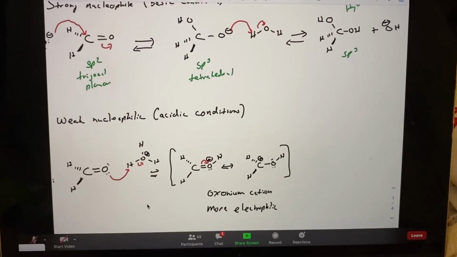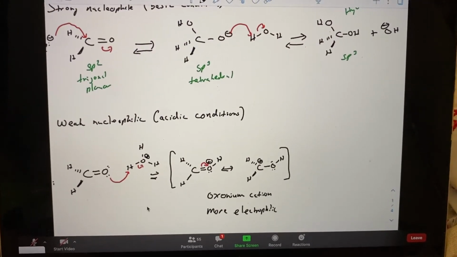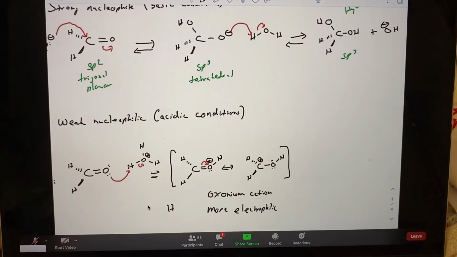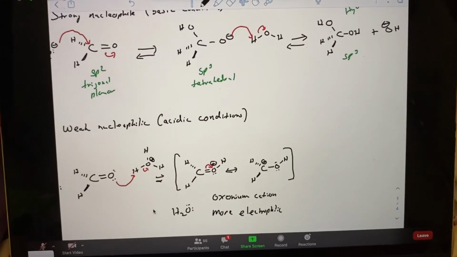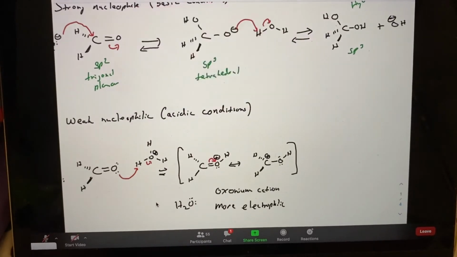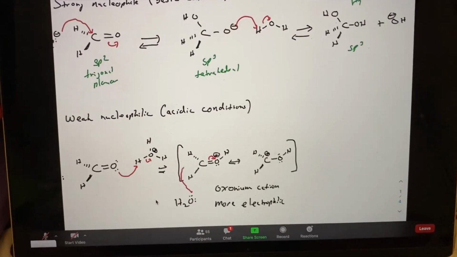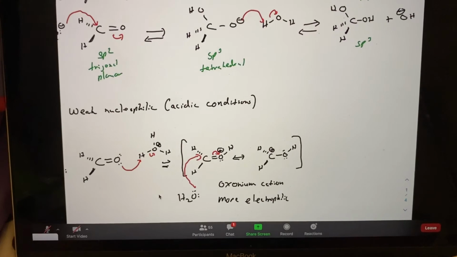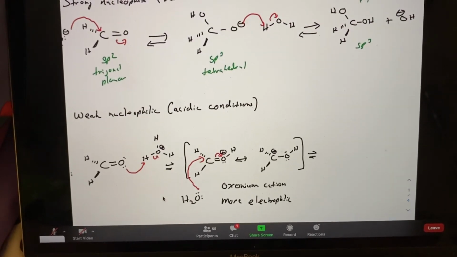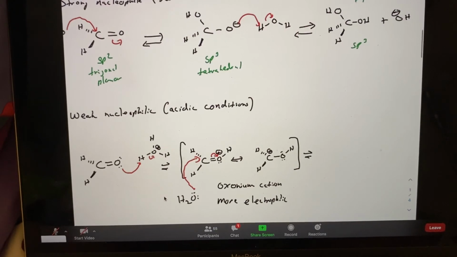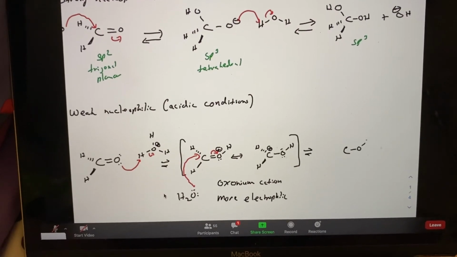What this does is you've made this compound more electrophilic. So now our weak nucleophile, like water, is able to attack at a reasonable rate. And that's going to then lead to something that looks like this.